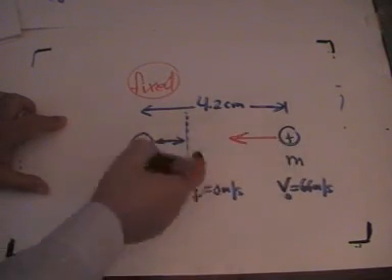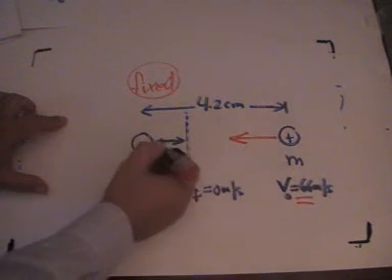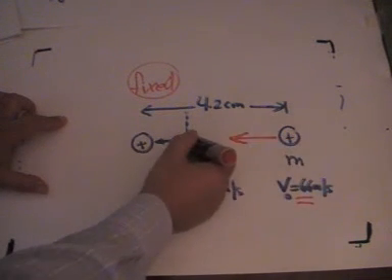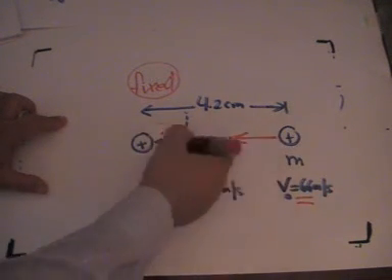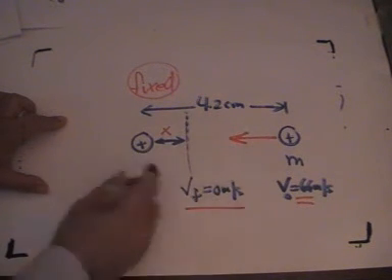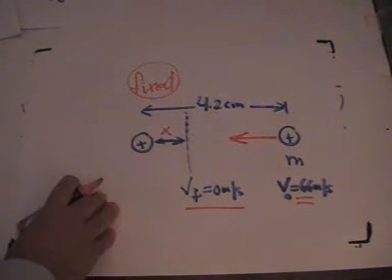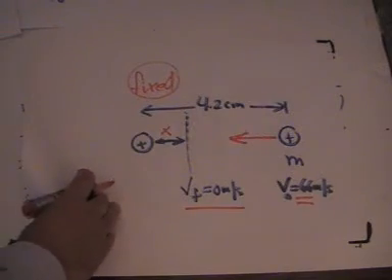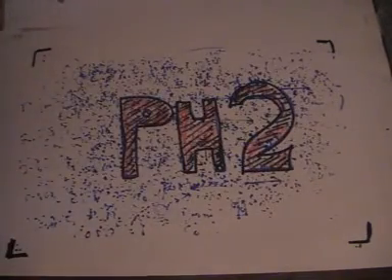Initially with a speed equal to 66 meters per second, and then it will move up to some point x, and at this point x it will stop. So V final would be equal to 0. Now we're going to use energy: the total energy before is equal to the total energy after.